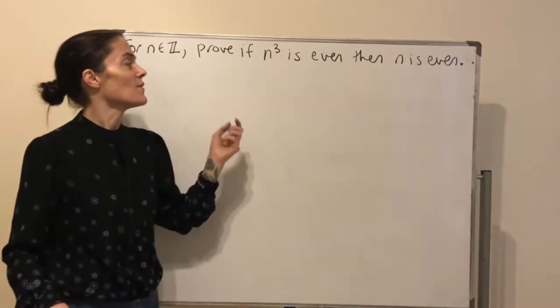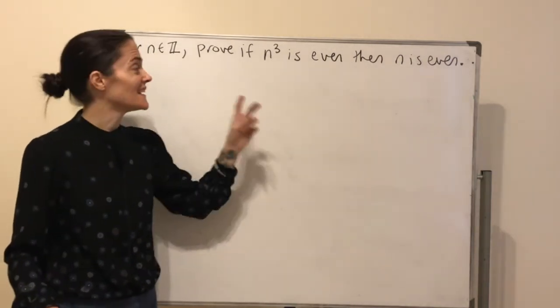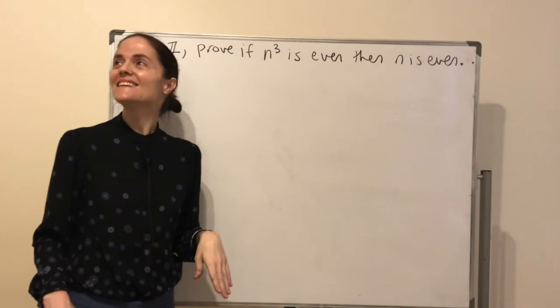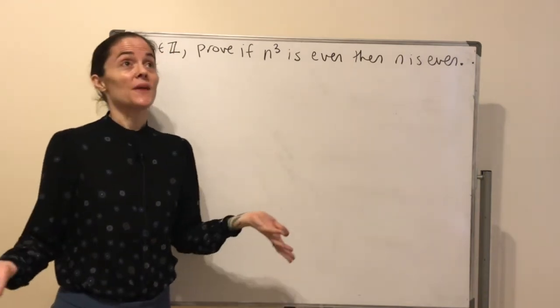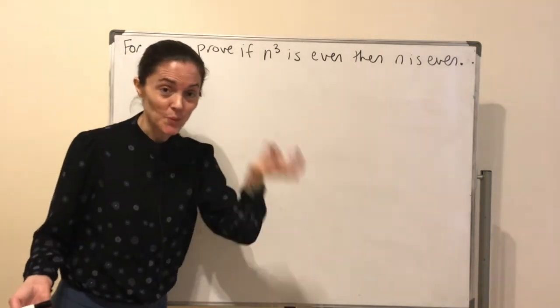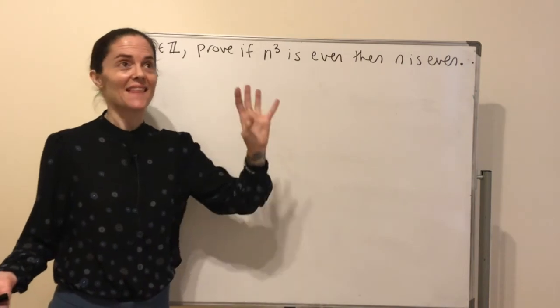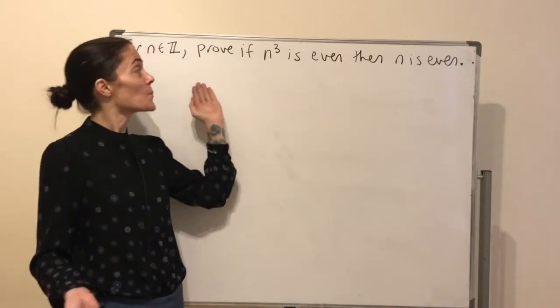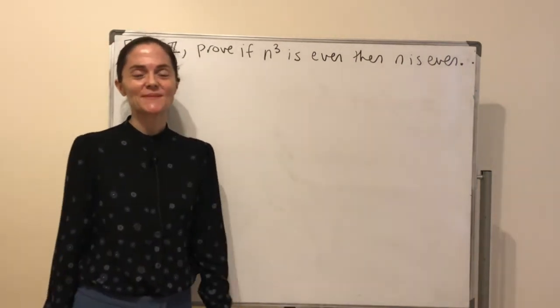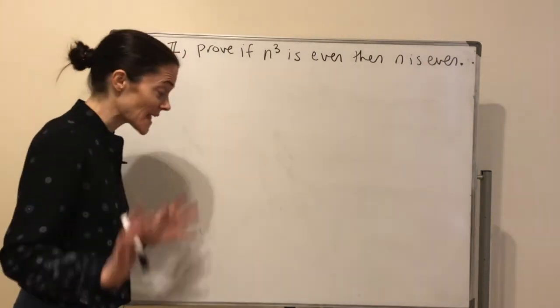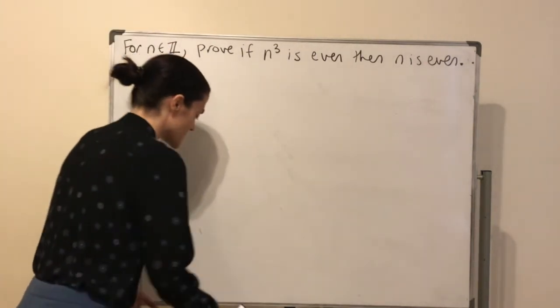It will involve taking a cube root to solve for n, and this is a problem. If you have an integer and you take the cube root, there's no guarantee, again, that you have an integer. And so proving this directly creates challenge. Let's again use the contrapositive.